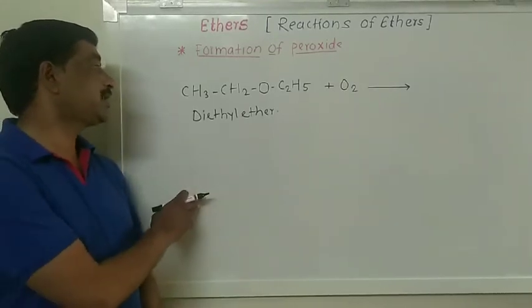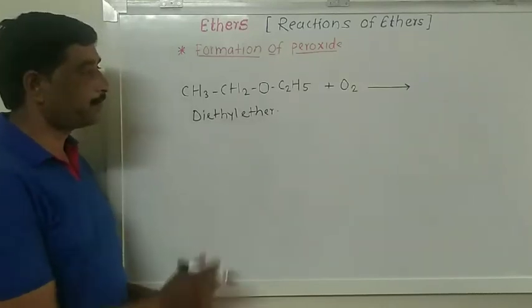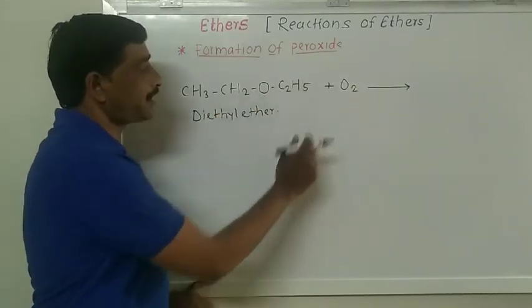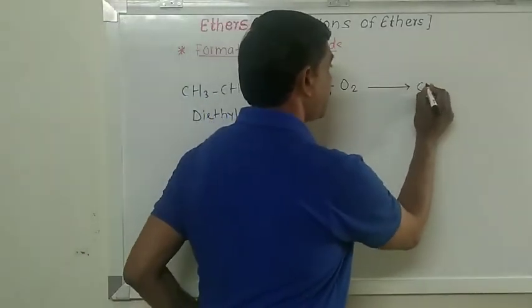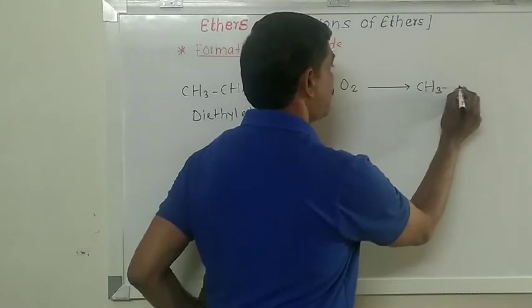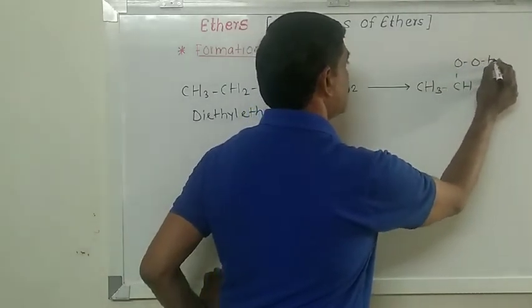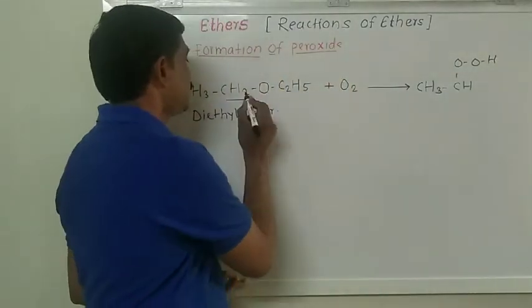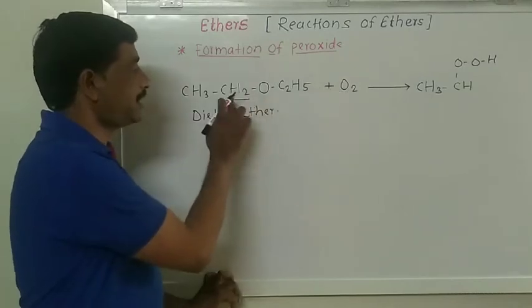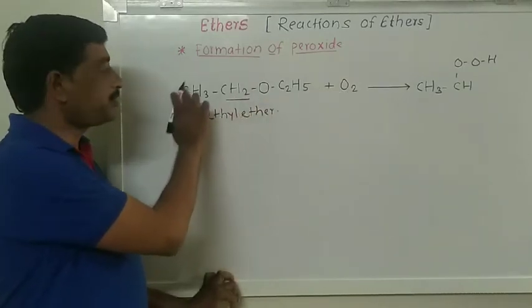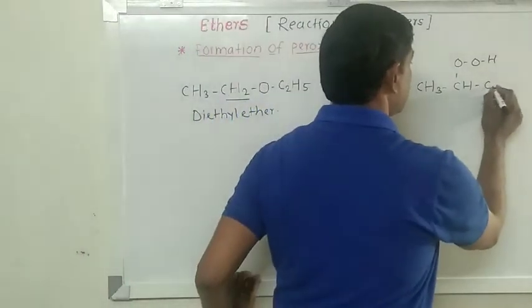So how does the chemical reaction take place? Let us consider the example of diethyl ether. When diethyl ether is reacted with oxygen from the atmosphere, the peroxide of this diethyl ether is formed by adding an oxygen atom to this CH2 group. Oxygen is added to the CH2 group of the ethyl group, and the remaining part remains as is.